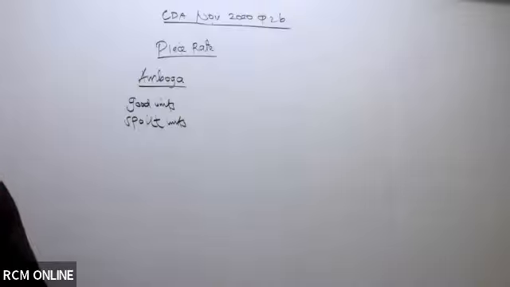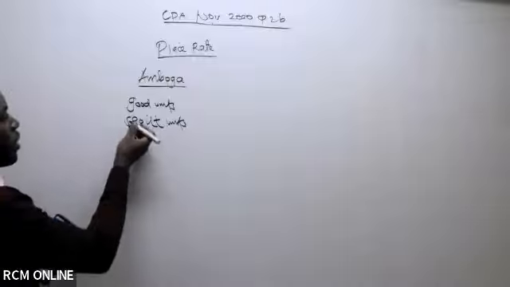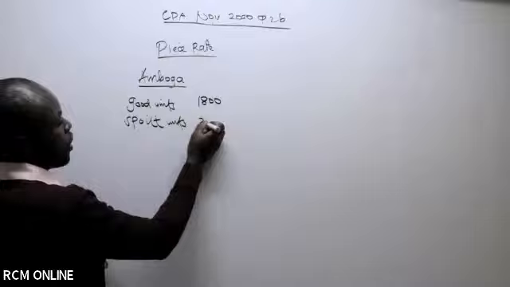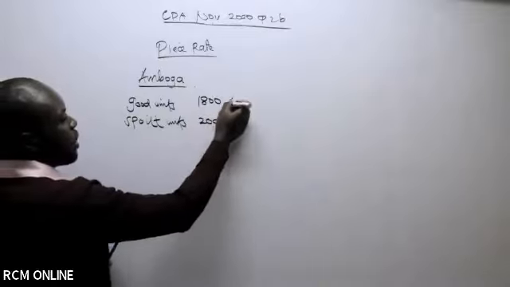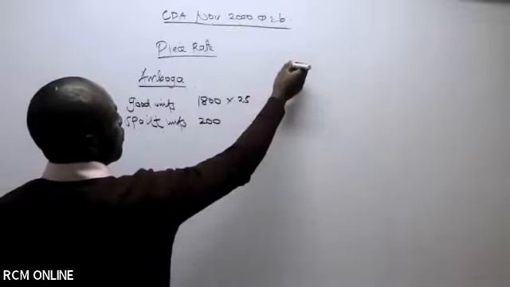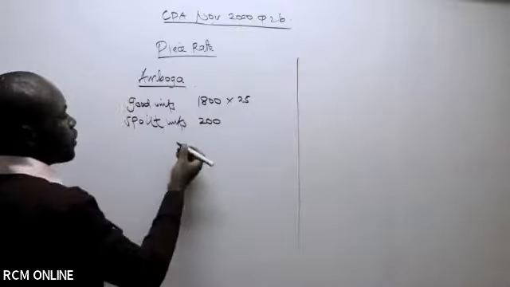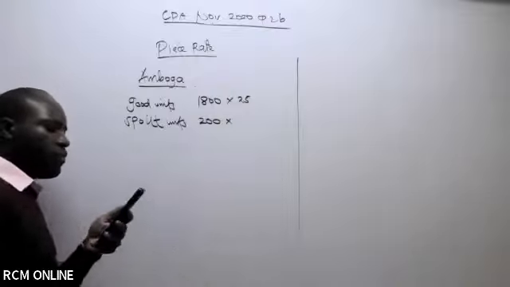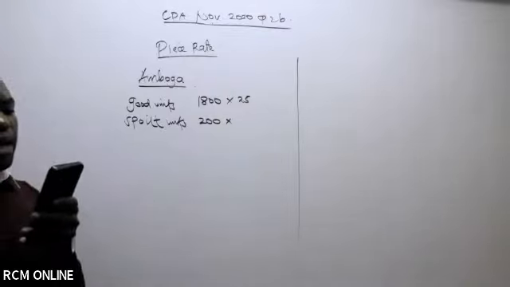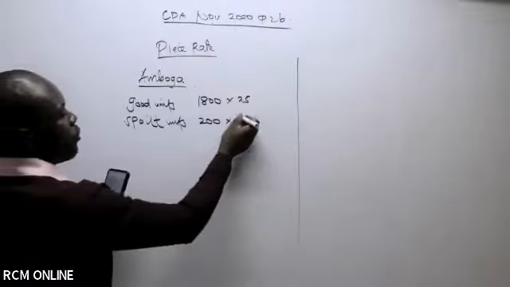Total is 2,000, spoiled is 200, so good units is 1,800. Then spoiled is 200 units. So for the good units, the company is paying how much? 25 shillings, right? Then for the spoiled units, the company is paying how much? Any spoiled output is paid at the rate of 10 shillings per unit, right?